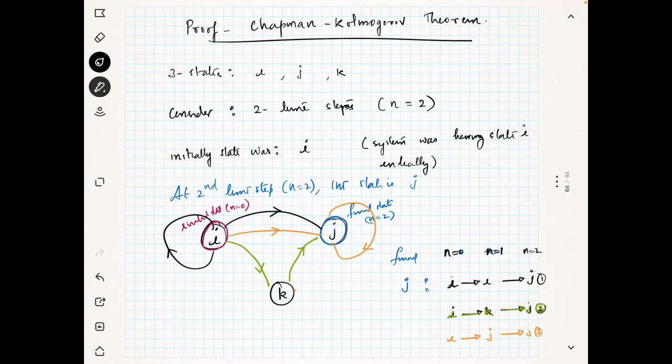If you check closely, you can see that there are only three possibilities in this problem, because we are considering n equal to 2.